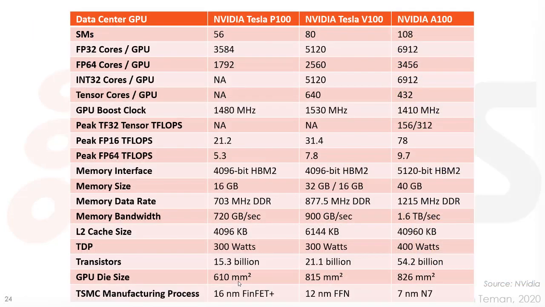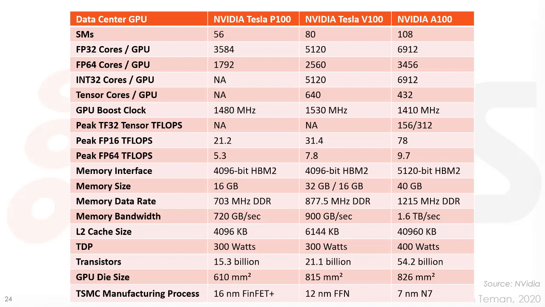Here's a big table comparing the Pascal architecture, the Volta architecture, and the new A100 Ampere architecture. And you can see the different things and the different options it can do. Of course, it went from 16 nanometer down to 12 and to 7 nanometer.